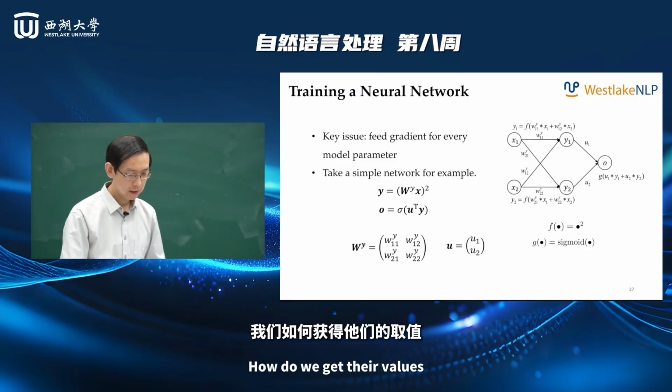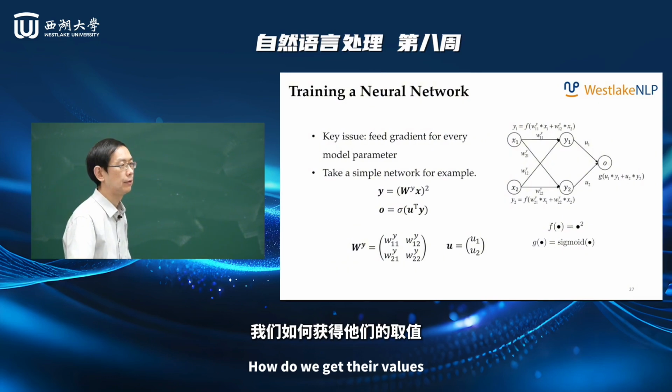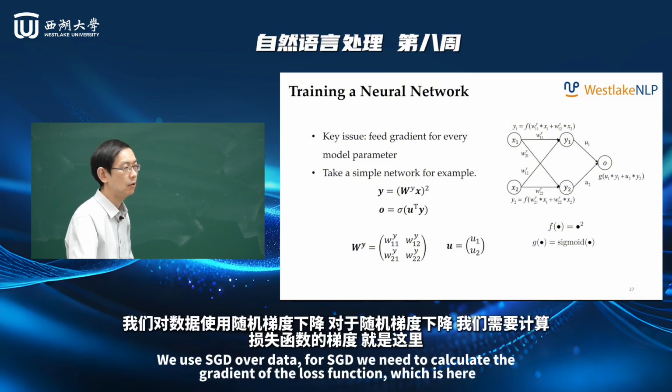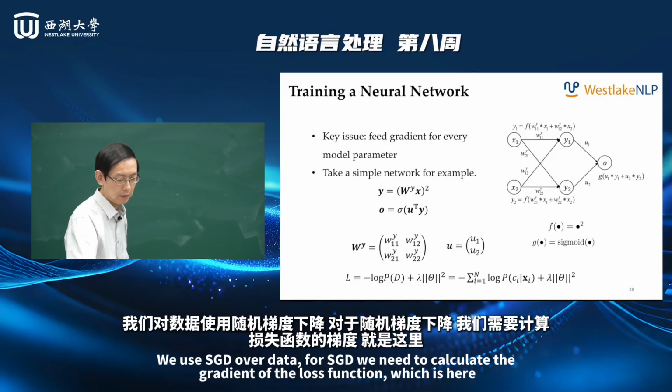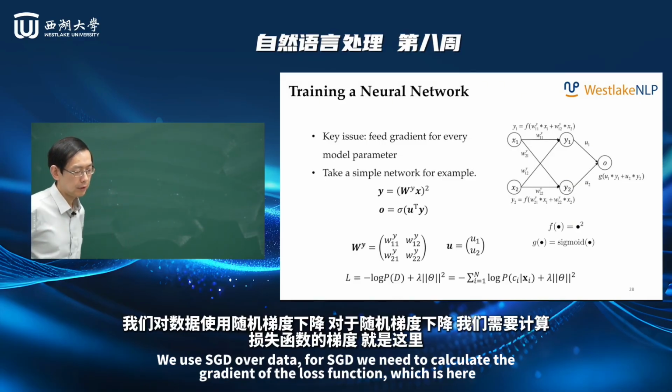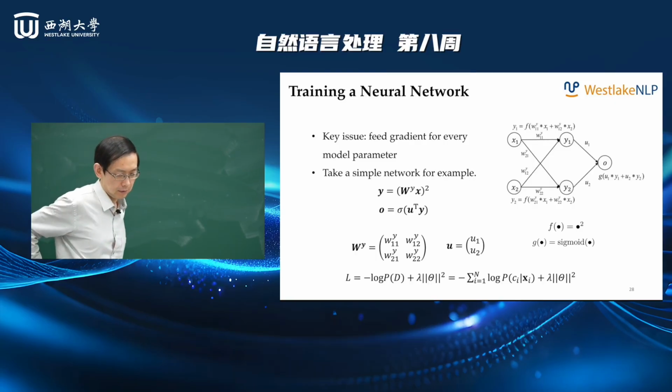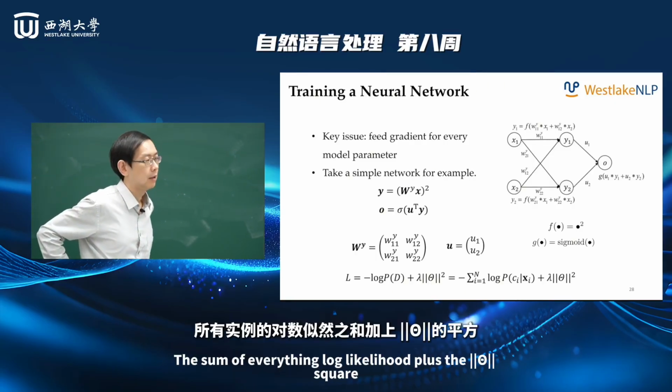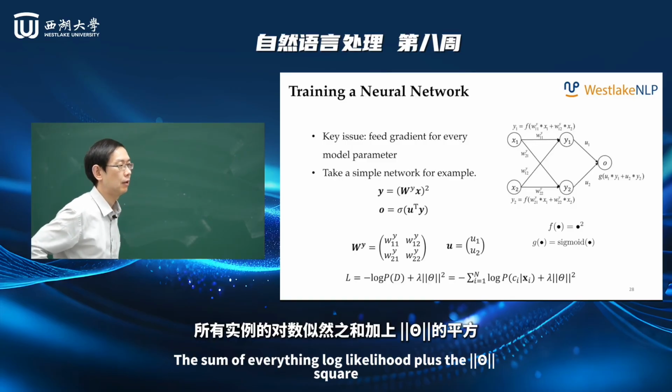How do we get their values? We use SGD over data. For SGD, I need to calculate the gradient of the loss function, which is here: the sum of everything's log likelihood plus the theta square.